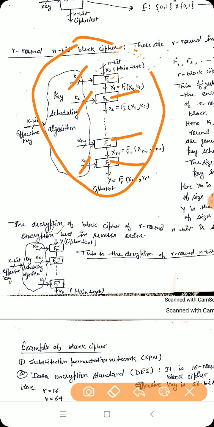These round keys are generated from a key of size k bits, which is called the effective key. All these round keys K1, K2, KR are generated by some key scheduling algorithm.